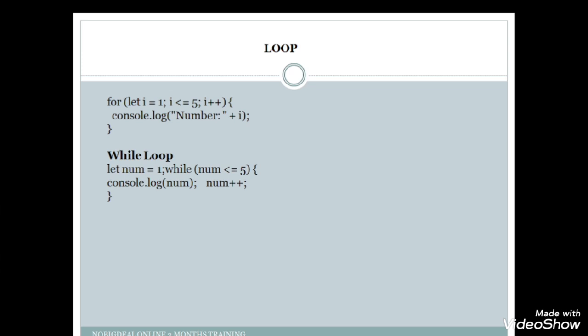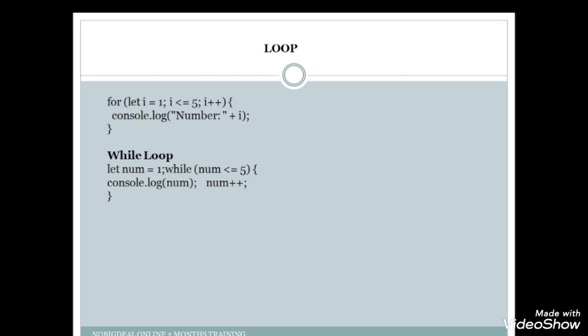Then the console.log is working like alert and is working like document.write. But the difference is this one is basically used for normal JavaScript. Maybe you are just practicing only JavaScript, you are not using HTML for it.